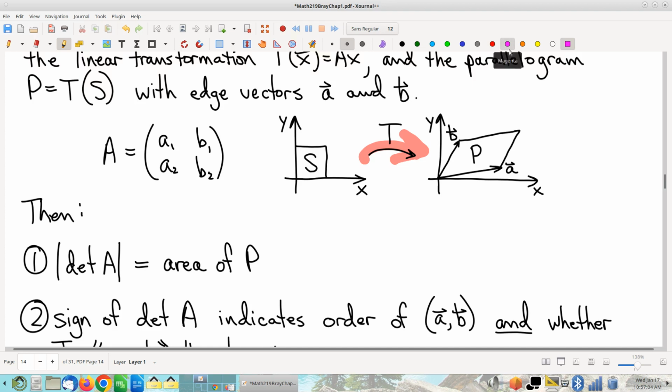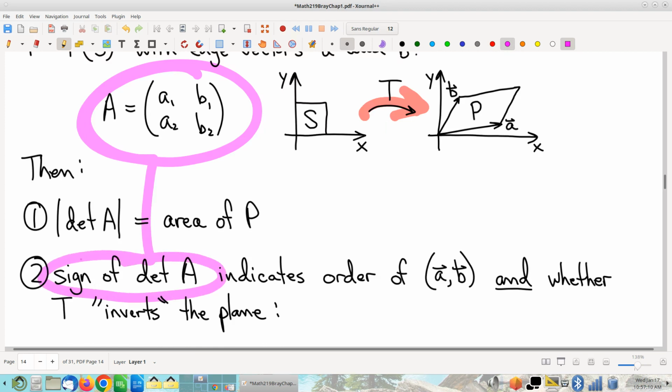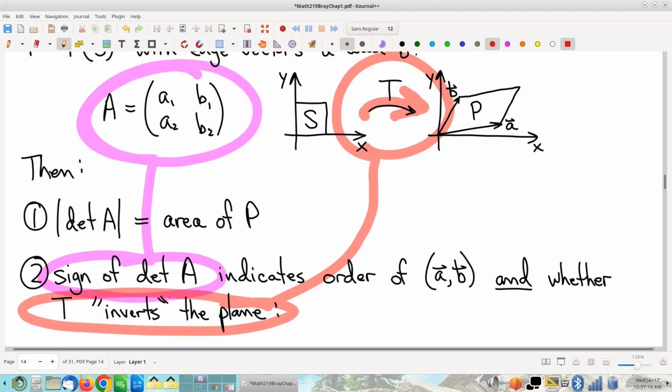Specifically, the sign of the determinant tells you whether or not this linear transformation has a reflection, a flip, you might say, involved in it. So again, determinant, very algebraic. Whether the linear transformation has a flipping upside down aspect to it is a very geometric idea. So again, really shocking that these would relate to each other.